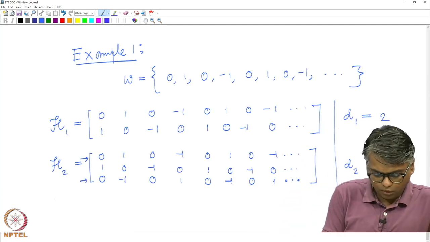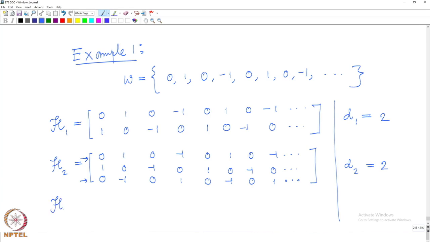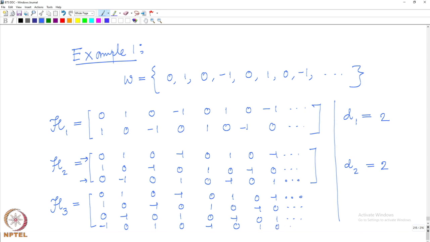Okay. We can also go ahead and compute H 3, which will come out to be 0 1 0 minus 1 0 1 0 minus 1 dot dot, 1 0 minus 1 0 1 0 minus 1 0 dot dot, then 0 minus 1 0 1 0 minus 1 0 1 dot dot, and minus 1 0 1 0 minus 1 0 1 0 dot dot, like that.